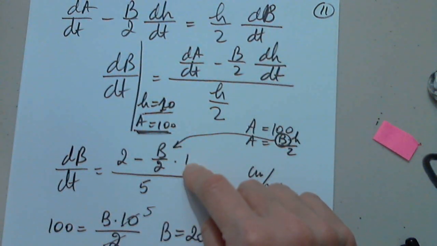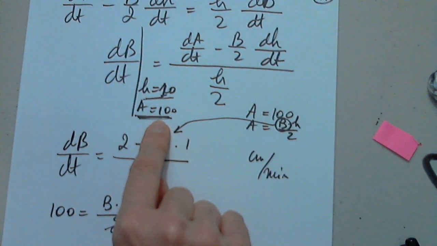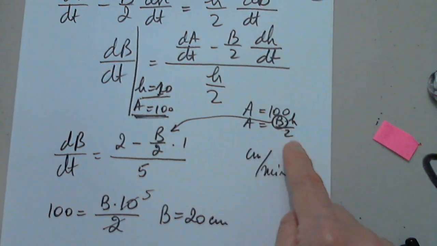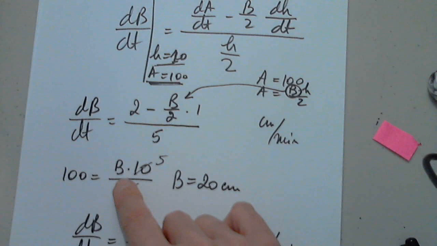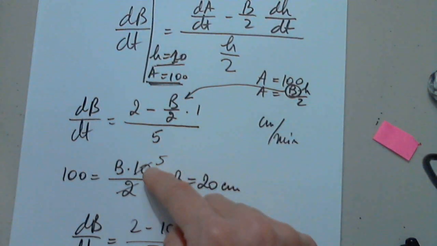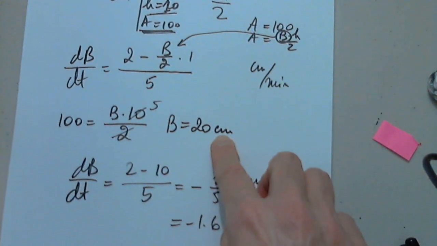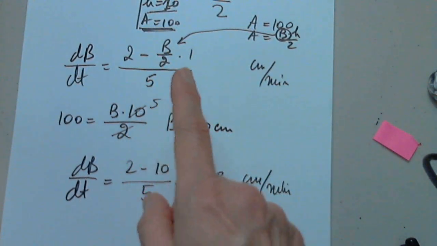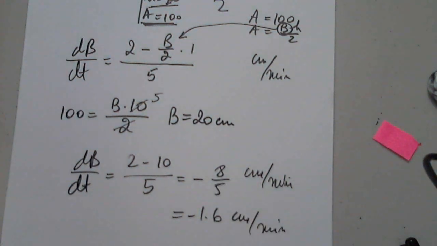This is given to us to be 1, dh over dt. Yes, it's 1. Once I know that the area is 100 and the height is 10, I have to determine b. So 100 equals b times 10 over 2. This is 5. I divide both sides by 5 and I get 20. So then I have 2 minus 20 divided by 2, which is 10, over 5, which is negative 8 over 5, and I stick by my answer. Any questions?